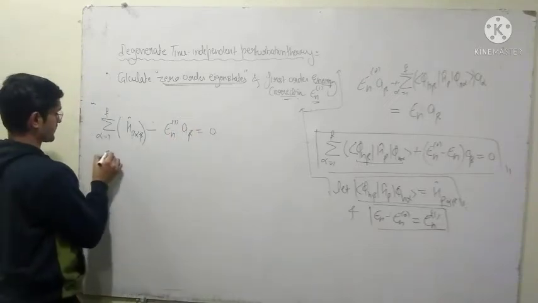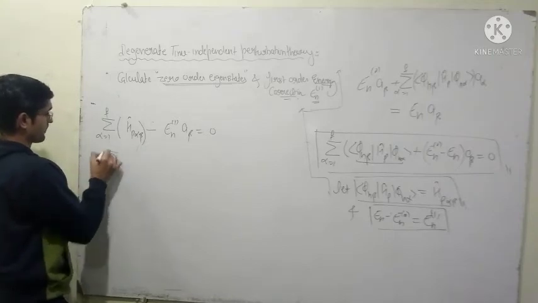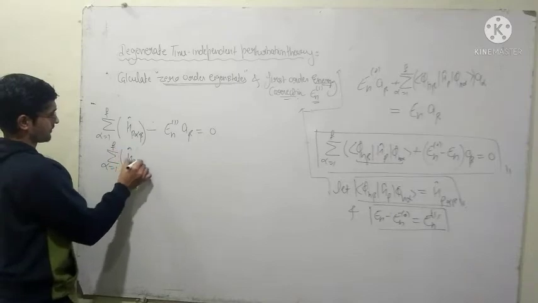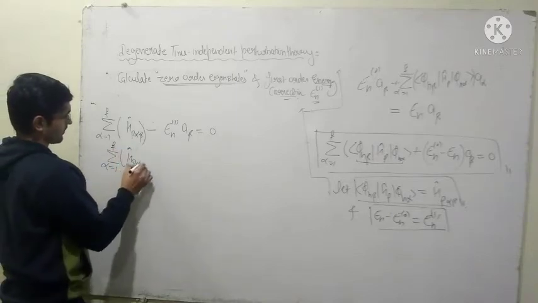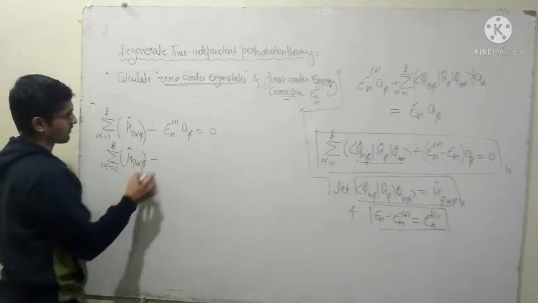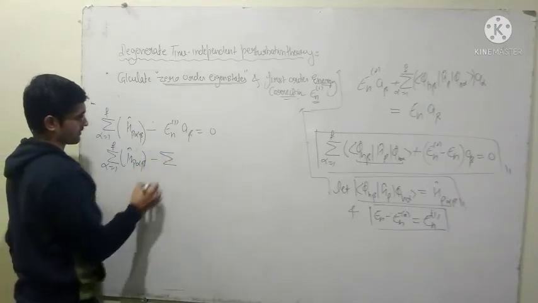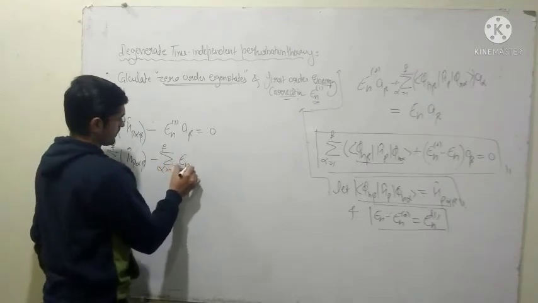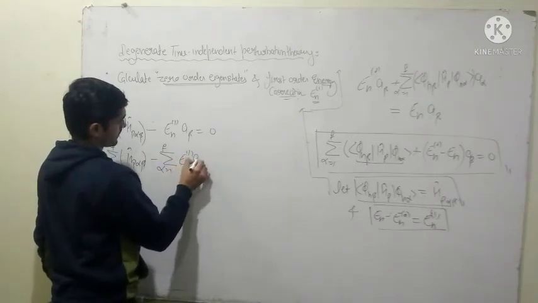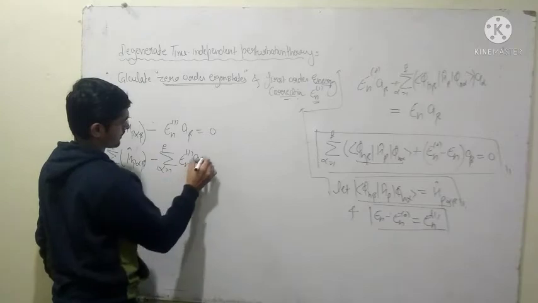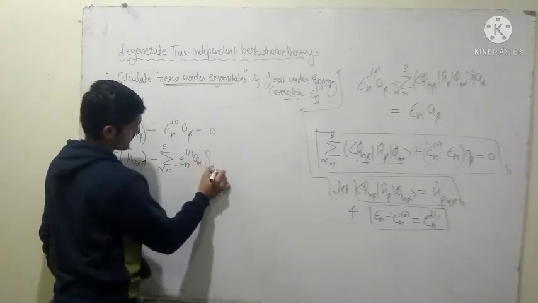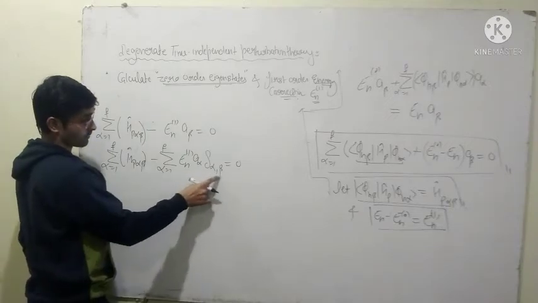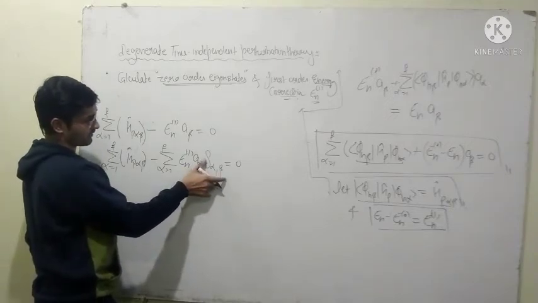Now you can write this equation like this. Alpha is from 1 to f, it is hpp alpha beta, minus you can write this term as summation over alpha from 1 to f En1 a alpha and delta alpha beta, because when alpha is not equal to beta, this term will give 0, right?